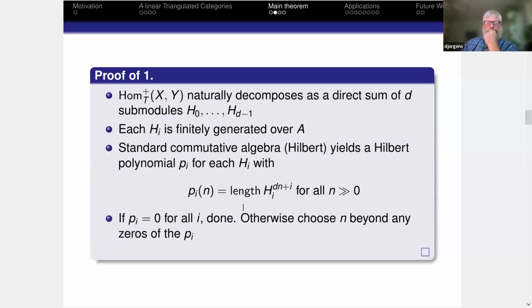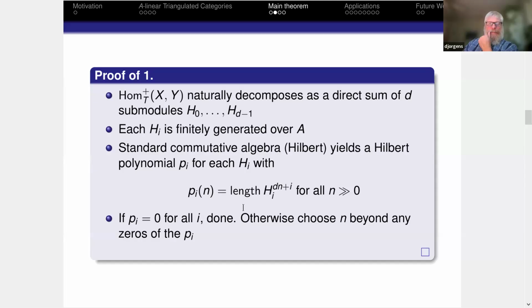And here we're assuming, and this is the proof of 1, that these Homs all have finite length over A0. So the standard result from commutative algebra says that you get a Hilbert polynomial. This is actually first proved by Hilbert, right? That there exist polynomials that tell you what the length is, for sufficiently high degree.